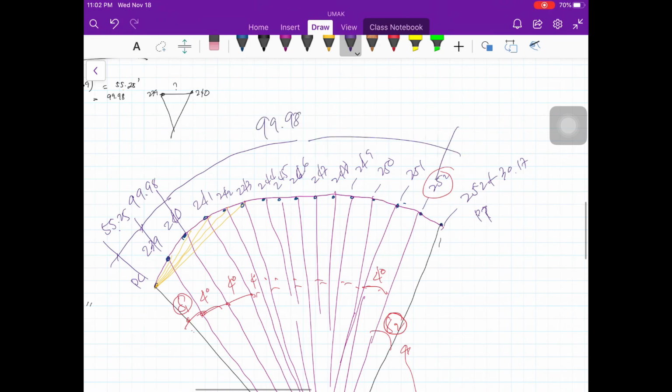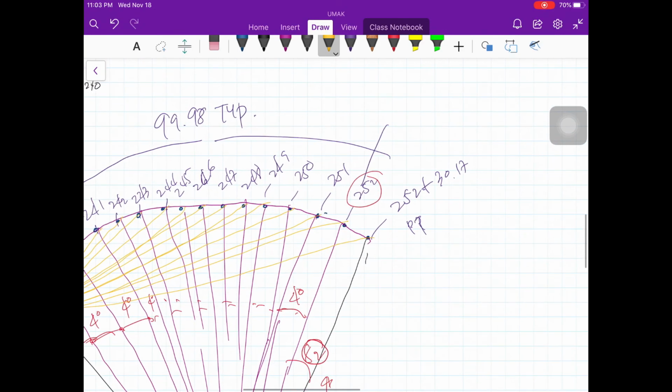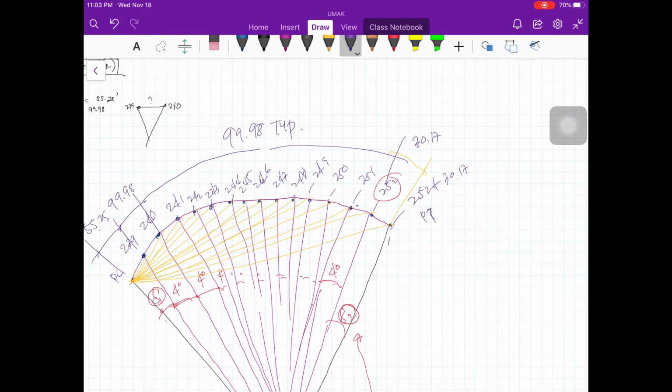These are 99.98, typical dimensions per station. So these are the deflection angles and chords. This is how the locators are doing it. Kind of messy, but this is how they do it on site. Here is 30.17. So that's it.